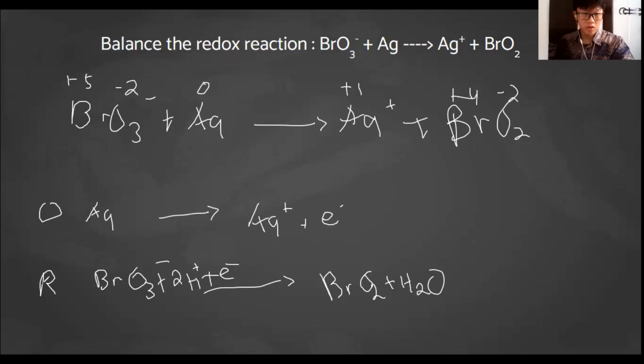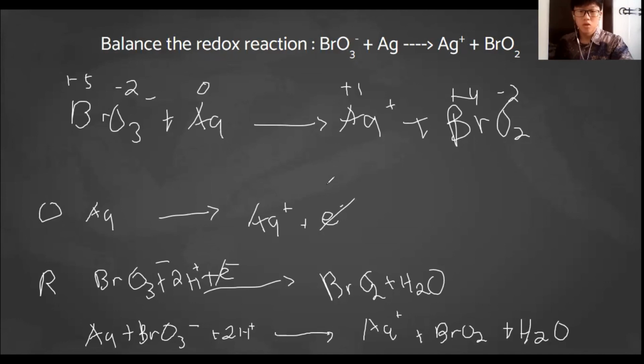Here there's 1 electron and here there's also 1 electron, so we simply cancel both electrons, and now we combine both reactions. Okay, so this is the redox equation. If this was in acidic solution, this would be the final result.